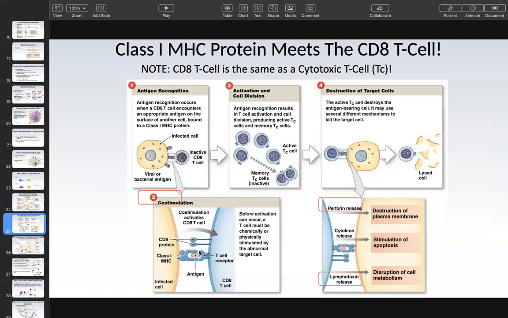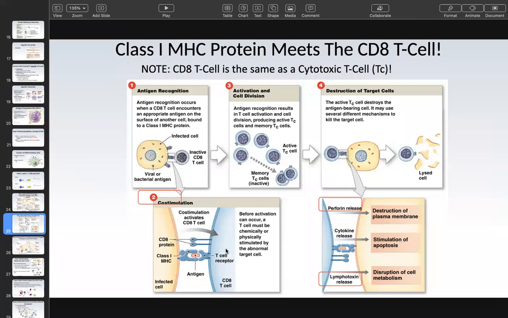Through almost a lock and key model, the CD8 protein is found near this complex that's formed between the MHC1 complex on the infected human cell and the T cell receptor on the CD8 cytotoxic T cell, through a process called co-stimulation.